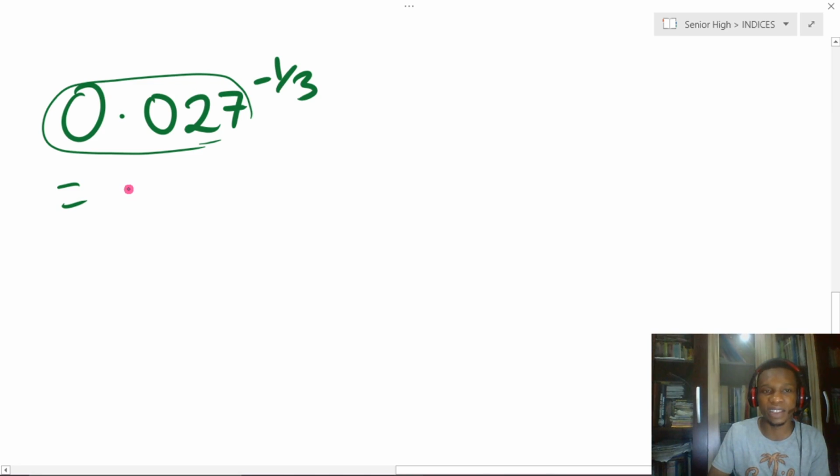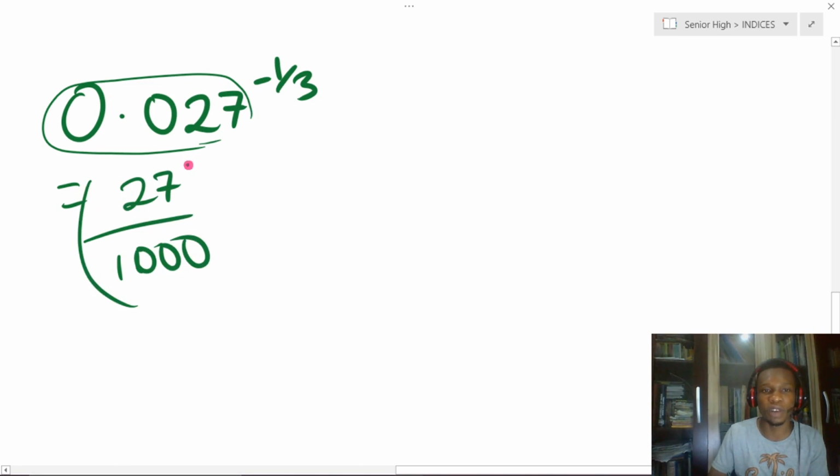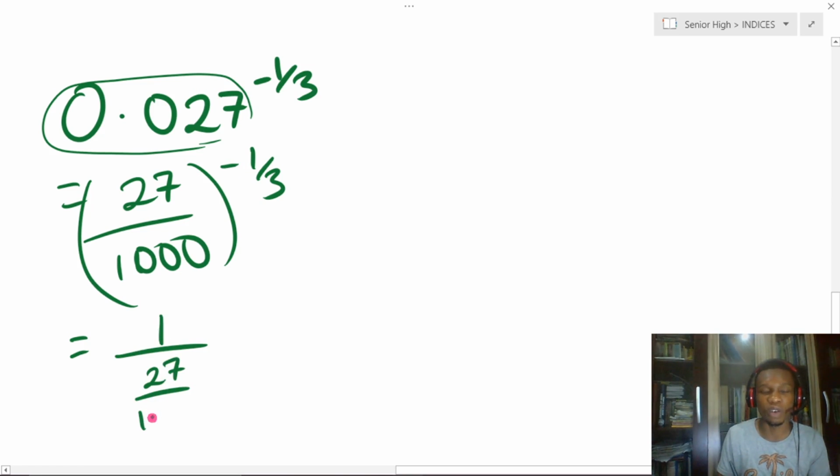So it's like saying 27 divided by 1000, all raised to the power of minus 1 over 3. Is that okay? I want us to get how to solve all these things because it's very needful. We learn all these procedures. Then what happens next? I have this negative sign. My negative sign tells us that this will become 1 over 27 over 1000 raised to the power of 1 over 3.